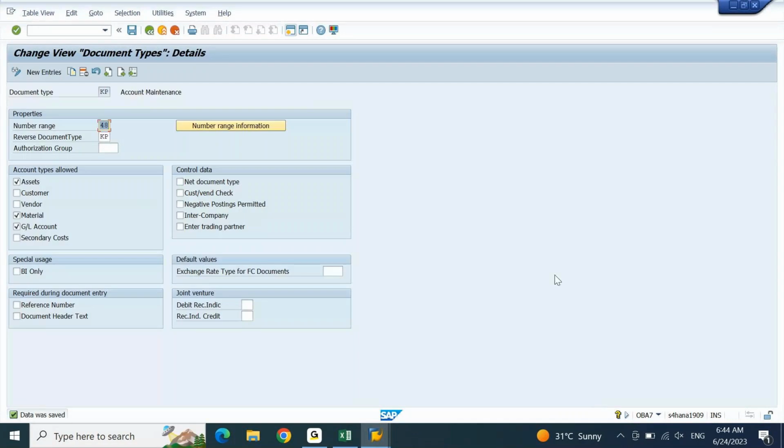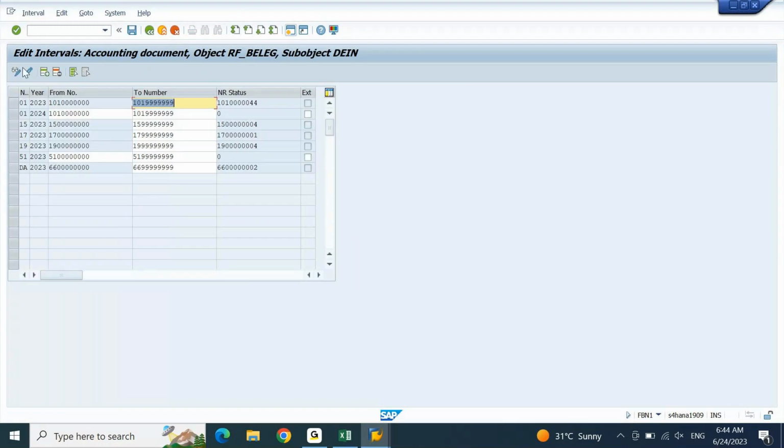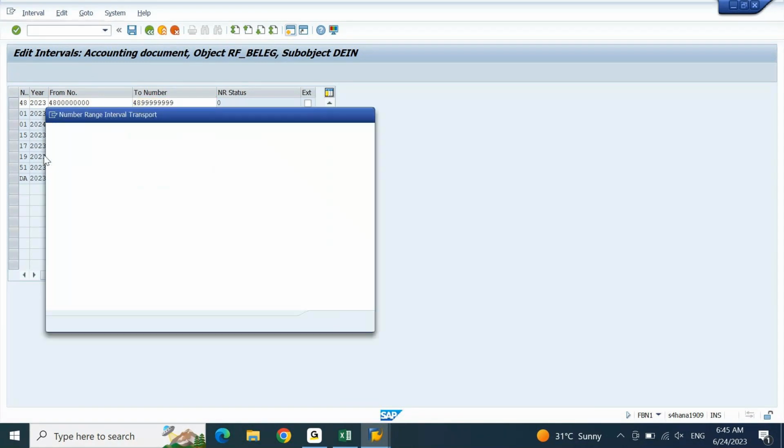So instead, it's better I'll update 48 here. DEIN, change interval, insert line, 48 2023, same logic, 48 all zeros, 48 all lines. Save this.